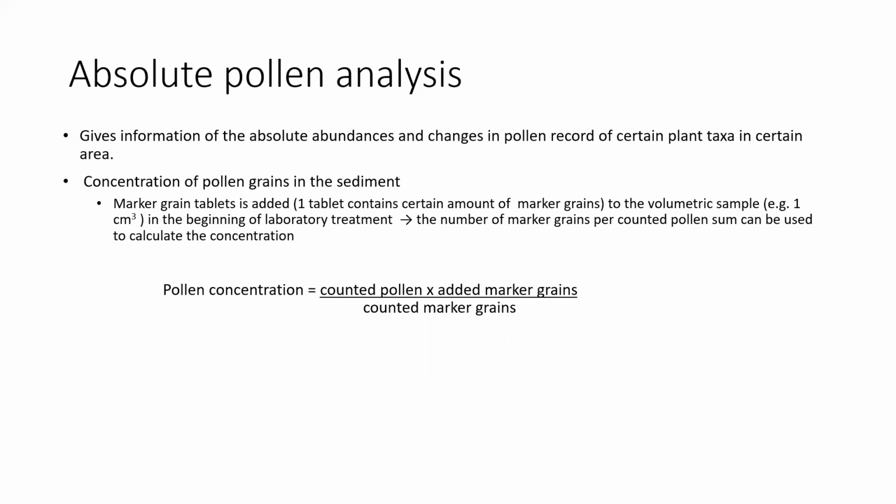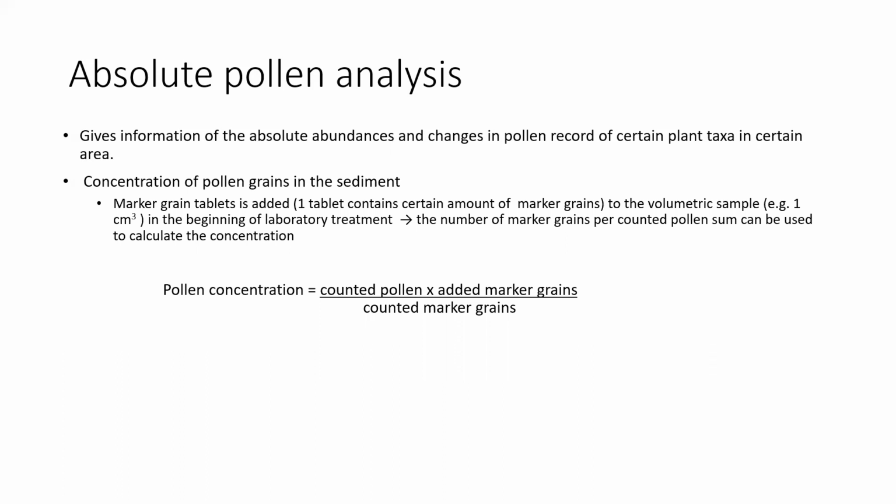So basically then we take a volumetric sample, for example, 1 cubic centimeter or half a cubic centimeter, and there are special marker grain tablets that usually contain grains that are not typical in the pollen spectra on the site. These can be, for example, eucalyptus pollen grains or Lycopodium spores.